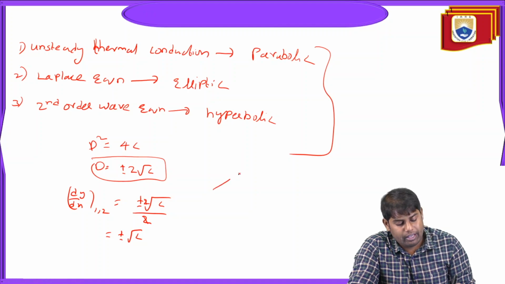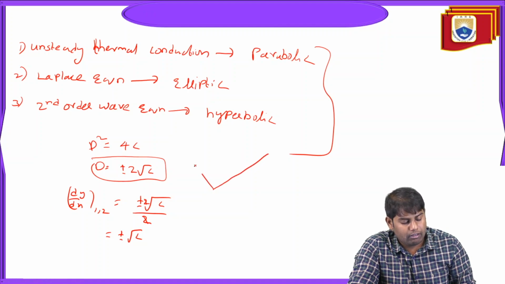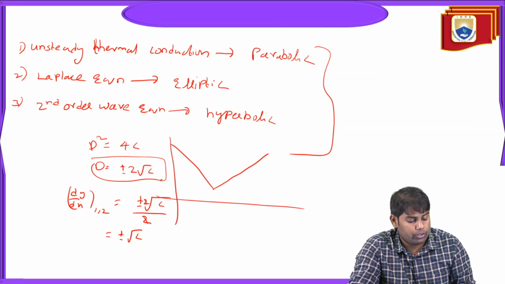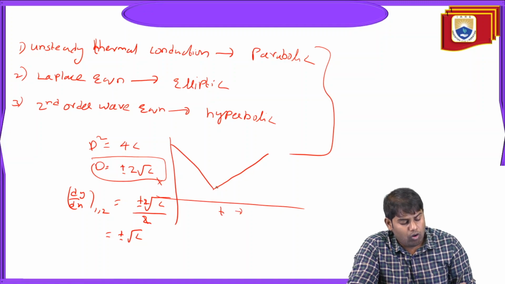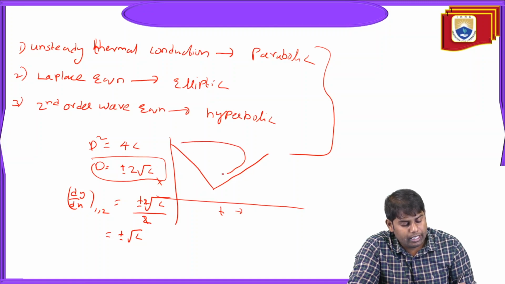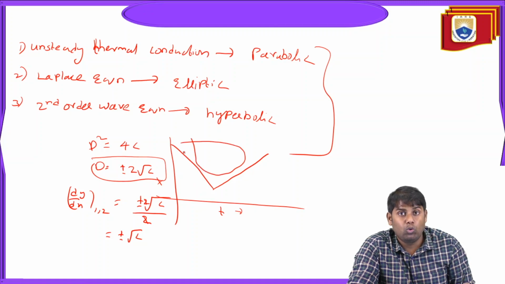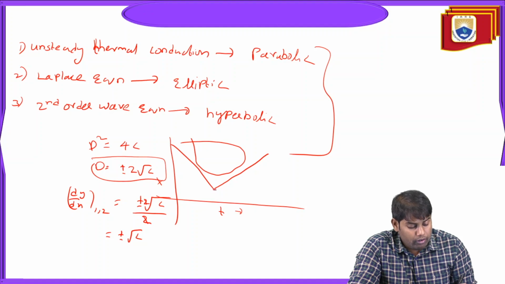Those two, let's say we have one this way and the other this way. If you take x and y axes, or x and t, we have one positive slope and one negative slope. Whatever zone of disturbance there is will lie between these two characteristic lines. Whatever disturbance you introduce here will affect this zone, but it does not affect the upstream zone.